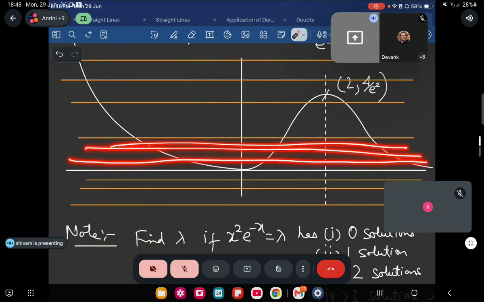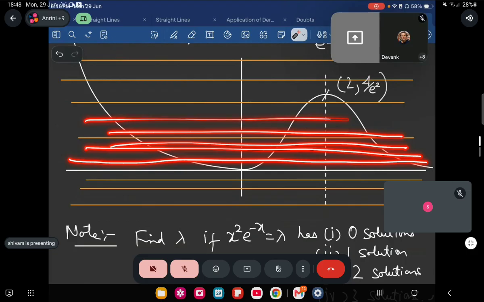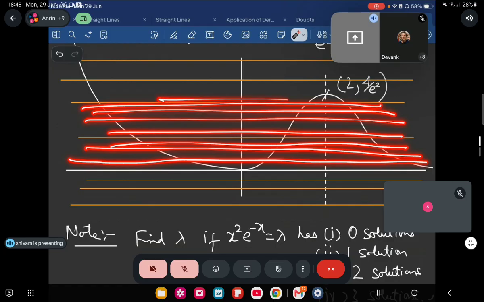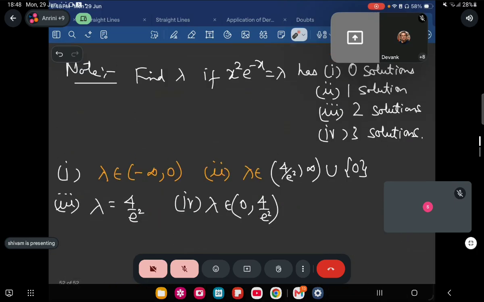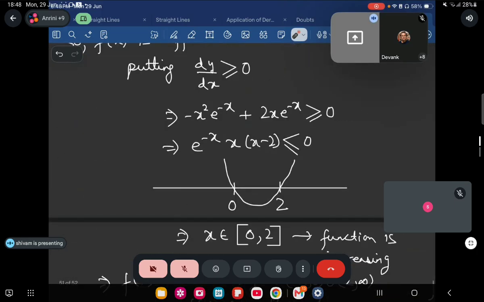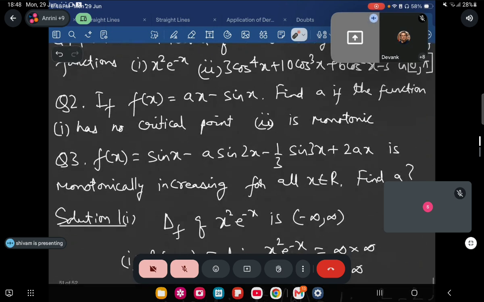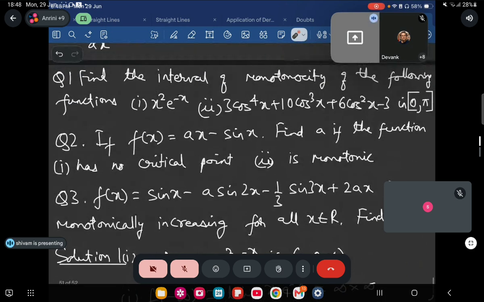So it should range from open 0 to 4 by e square open. See, these kind of questions can be asked in JEE. Next, part 2.